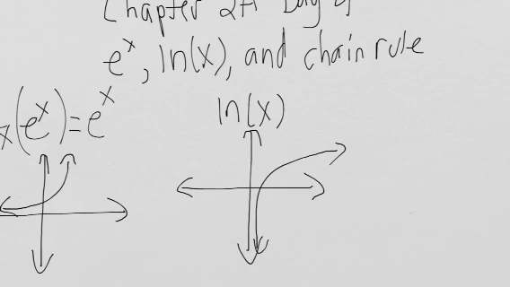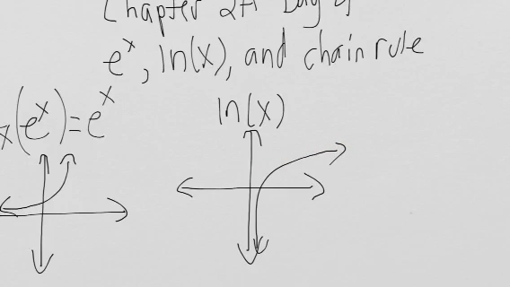Okay, so if we look at natural log x, it's always increasing as well, so the derivative should always be positive. But what we notice is it's very steep close to zero, and then quickly it flattens out, right? So we would want a derivative that's big and positive, and then that positive number is going to start decreasing as the slope decreases, and then it's going to approach zero as this flattens out.